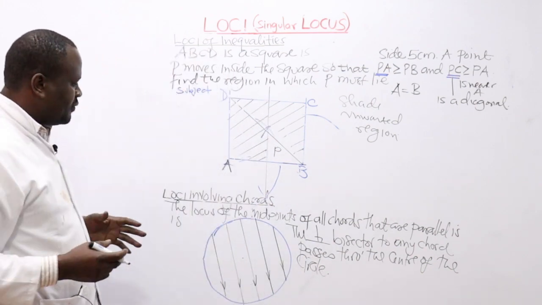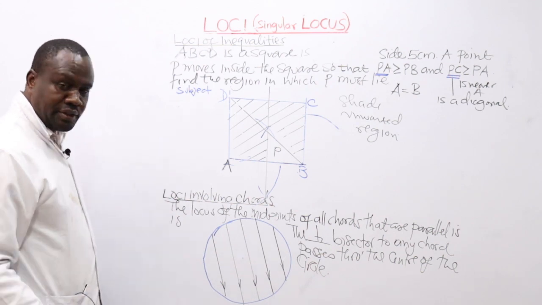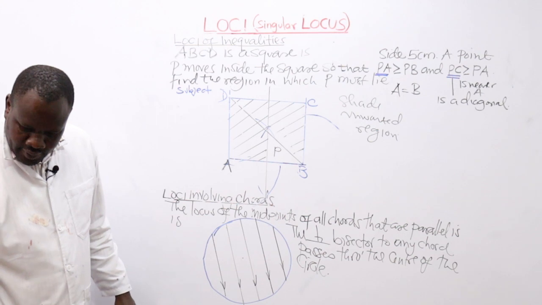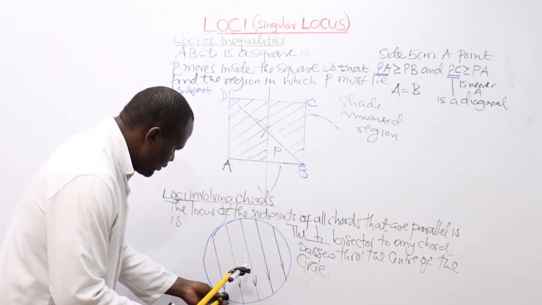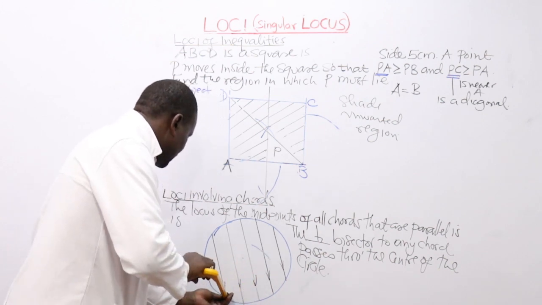So the point that moves such that it is perpendicular, passing through the midpoints of these chords, what will it be? Let me just get the midpoint of one of the chords, this last one.